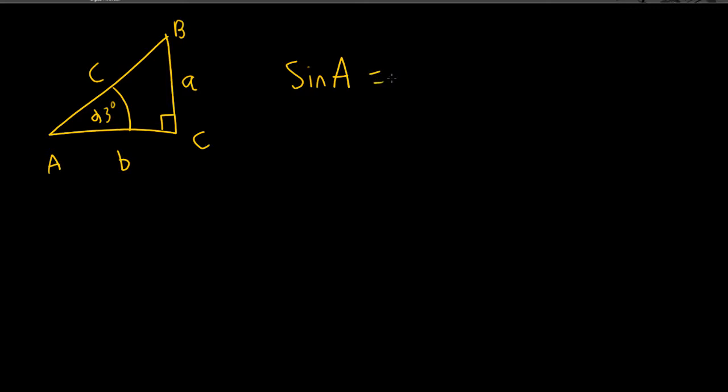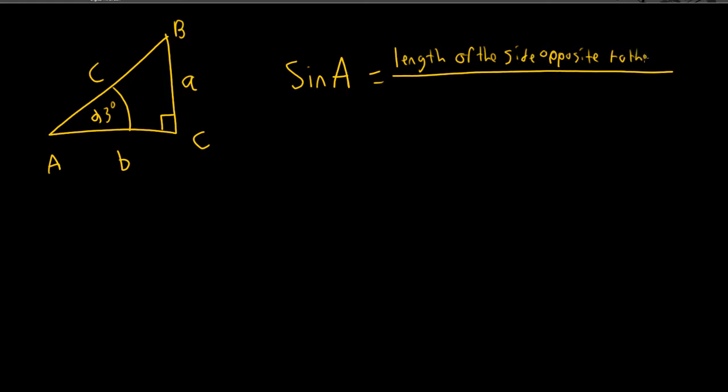The sine of A is equal to, and first we're going to use our really long definition, the length of the side opposite to the acute angle of a right triangle.